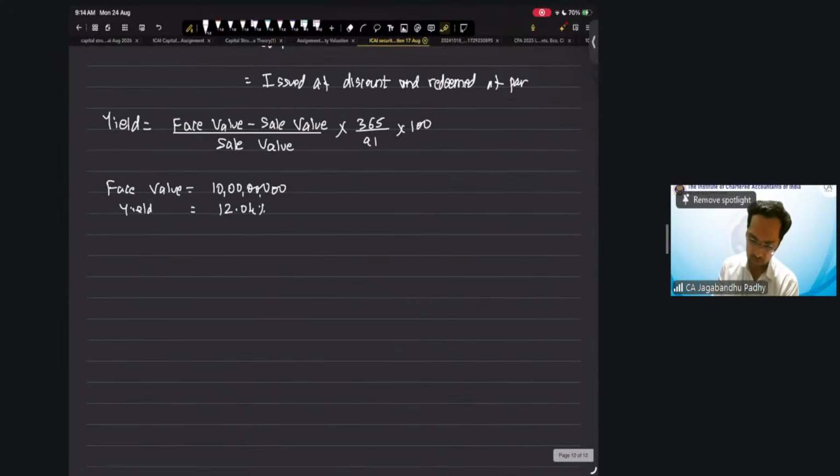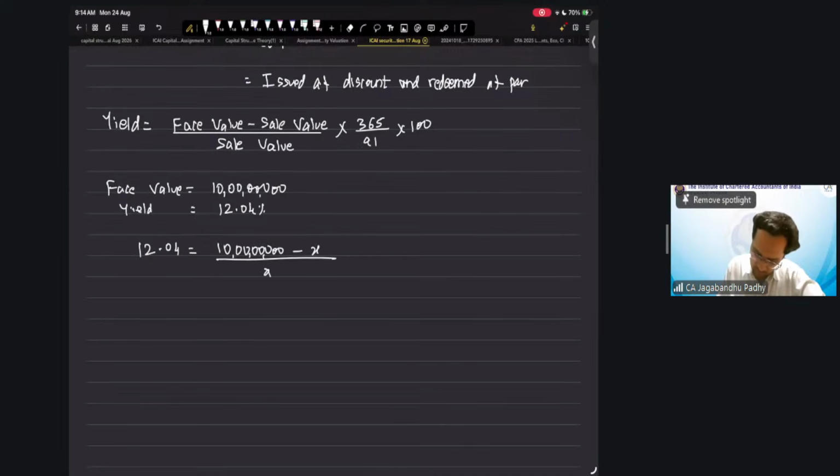So we have the face value. We have to calculate the amount of sale value. Obviously we will be issuing it at a discount, so sale value is lower than the face value. So yield is 12.04 equal to 10 crore minus sale value upon sale value into 365 by 91 into 100.